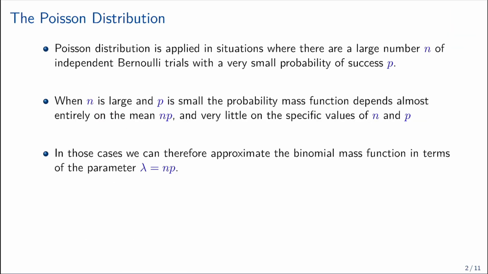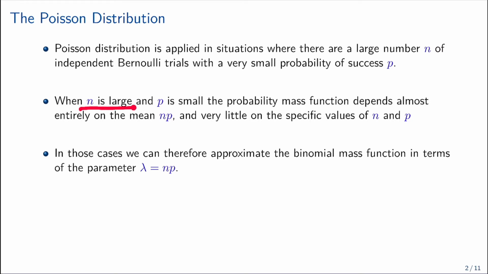Well, let's have a look at the characteristics of the Poisson distribution. The Poisson distribution is applied in situations when we have a large number of independent Bernoulli trials. So n is very large, and the probability of success of one of those Bernoulli trials is small.